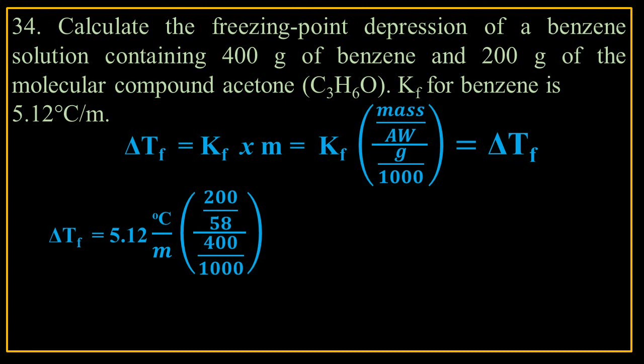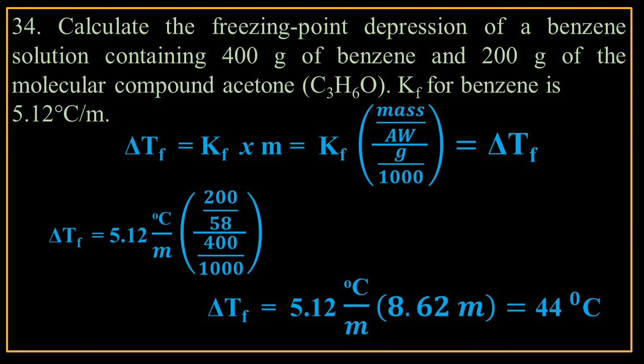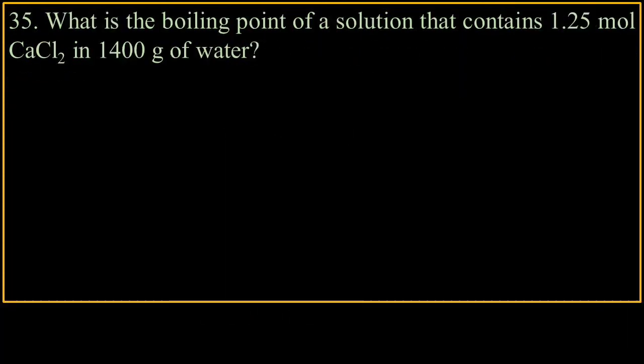Here I have just plugged in 200 over 58, 58 being the molecular weight of acetone, and the 400 grams of solvent. Calculating it out, you get 44 degrees Celsius. Make sure you can set this equation up, very similar to water, but with a different Kf. And remember, it's not an ionic substance being dissolved, so it doesn't dissociate.